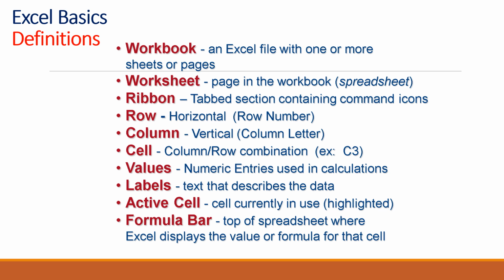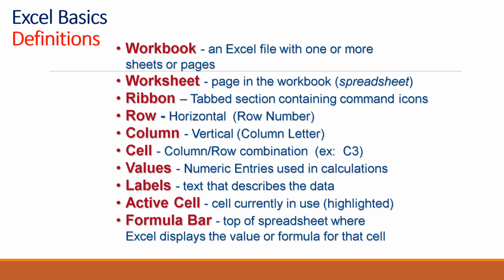We have row, which is a horizontal line in the Excel worksheet, represented by numbers. We also have column, which are vertical lines that are represented by letters. We have a cell, which is an intersection between column and row.